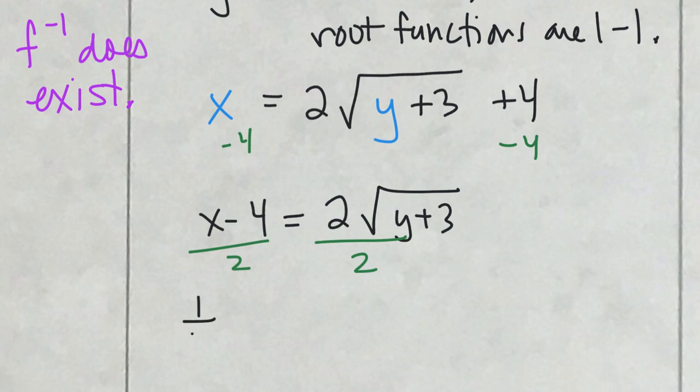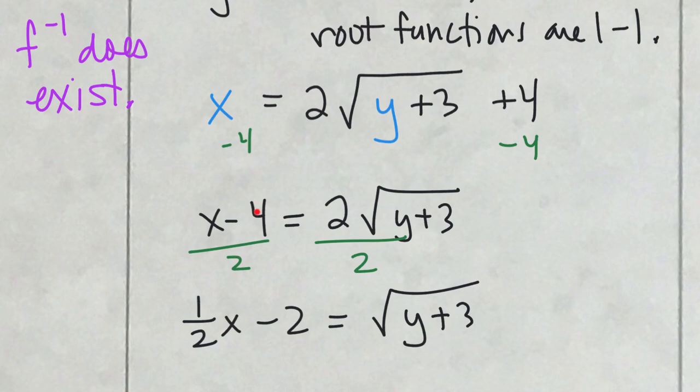I'm going to write this as 1/2 x minus 2, just to keep it simple. I took half of x, because dividing by 2 means half, and 4 divided by 2 is 2. So now that I have my square root all alone, I can square it. I put this in parentheses and square both sides.